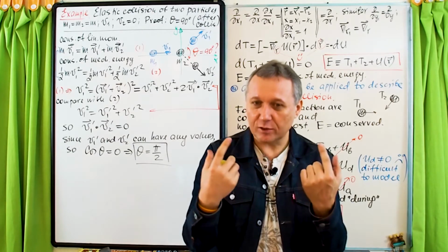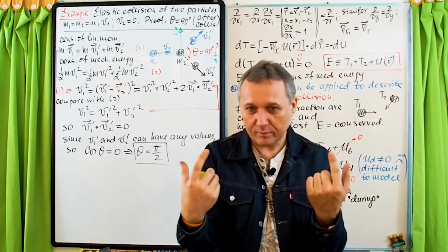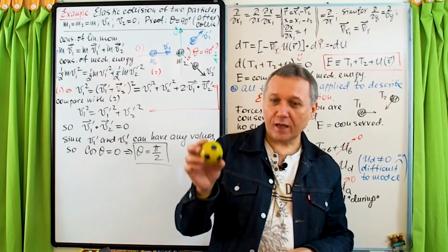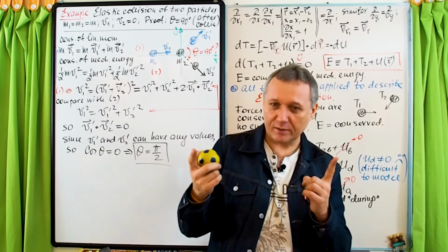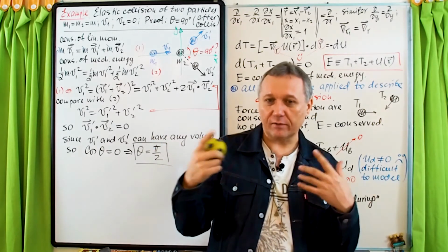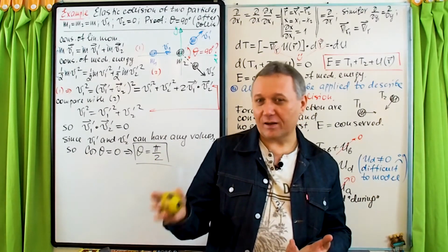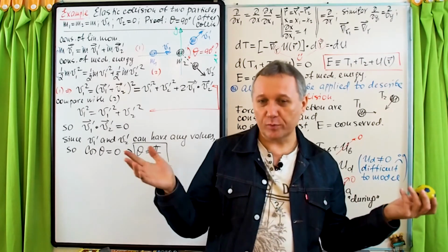Potential energy is a function of the absolute value of R1 minus R2, right? Of course, we can generalize to R alpha minus R beta. What happens with that absolute value of the relative position vector as the rigid object moves?